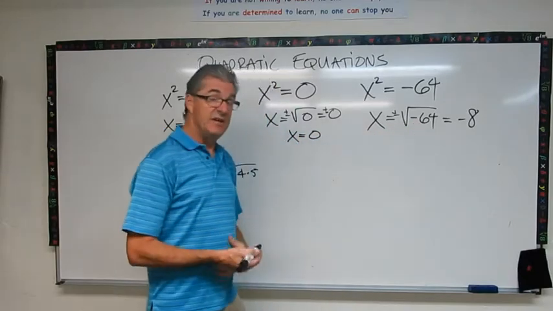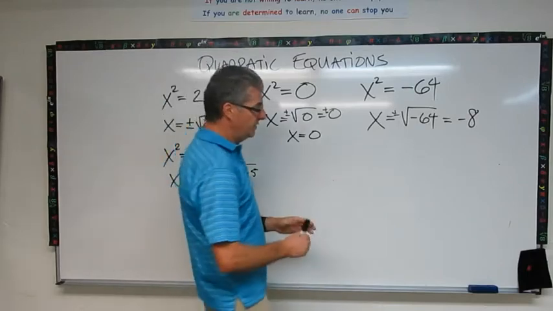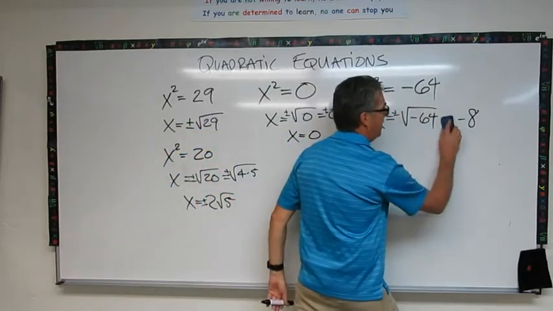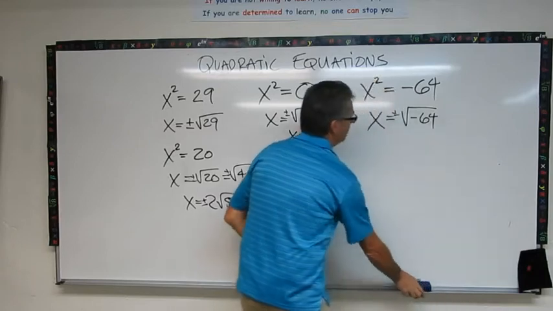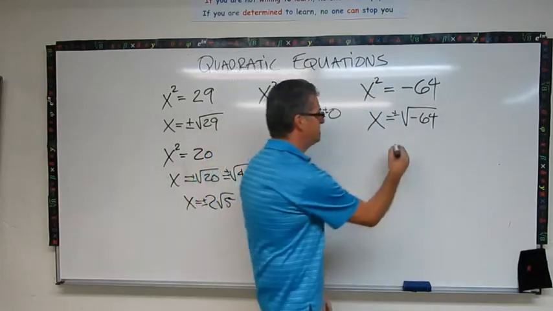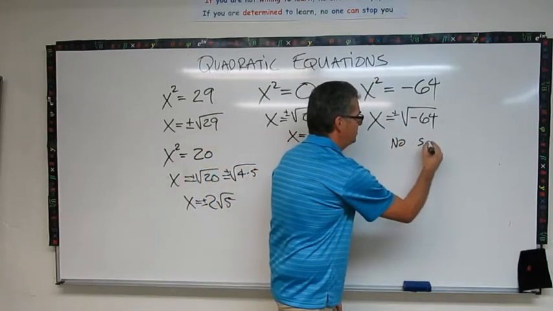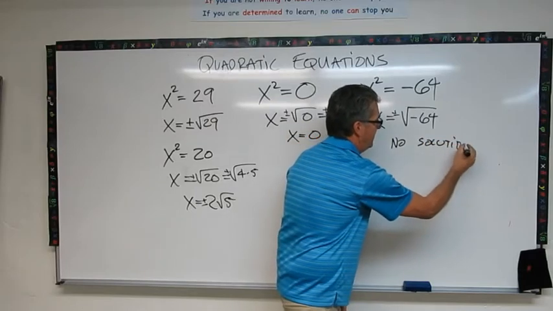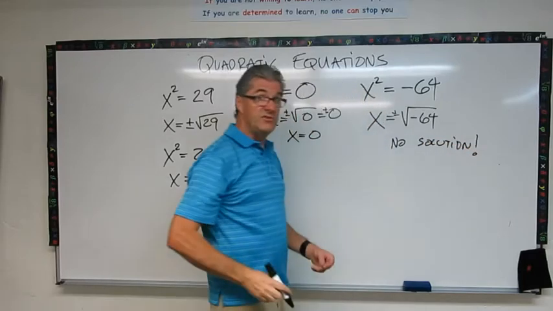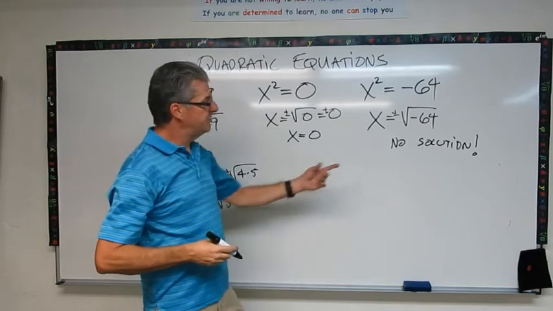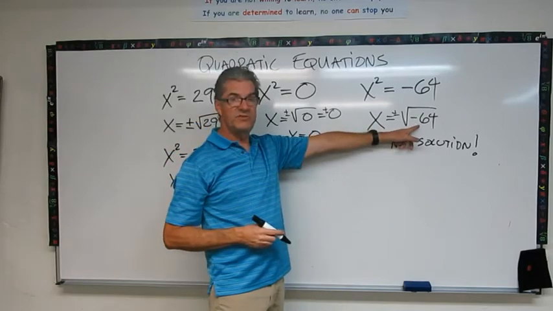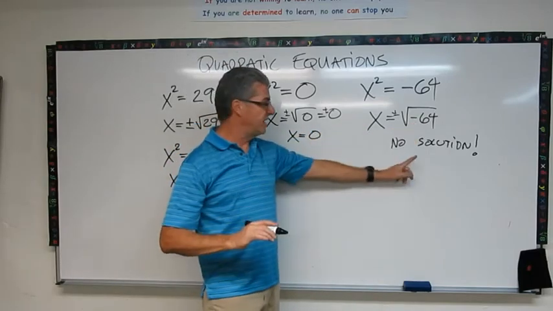We can't take negative square roots. So at this point, that's not a thing. And this tells us that there's no solution. Okay? So when you work these problems, as soon as you find something negative under the root sign, you're done. You can stop and say no solution.